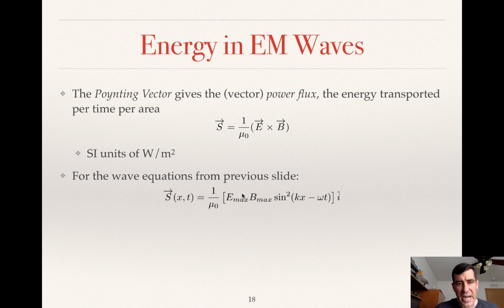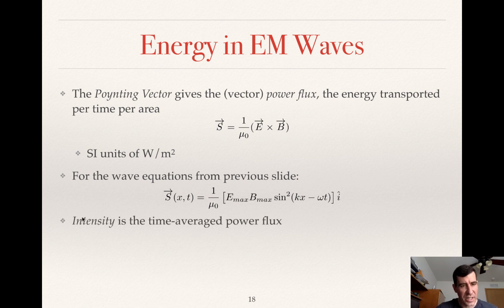So there's the maximum electric field times the maximum magnetic field times sine squared of kx minus omega t. And we're looking at waves traveling in the positive x direction, or the i hat direction. So the direction of the Poynting vector is the direction of the velocity of the wave, since that's the direction that the energy is flowing. So we've got an i hat here.